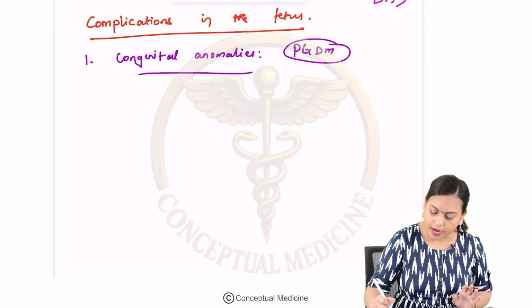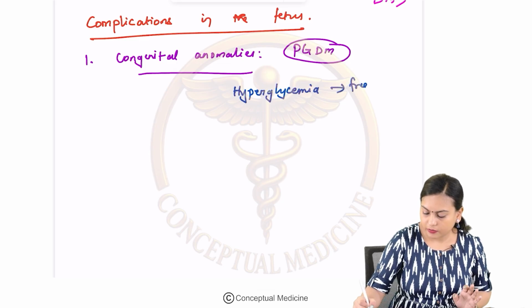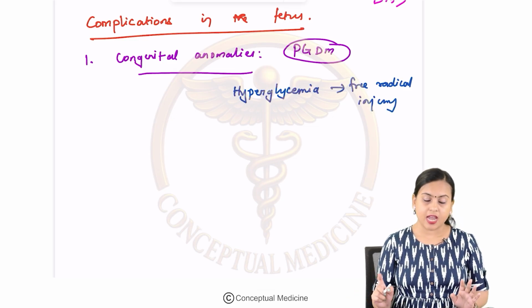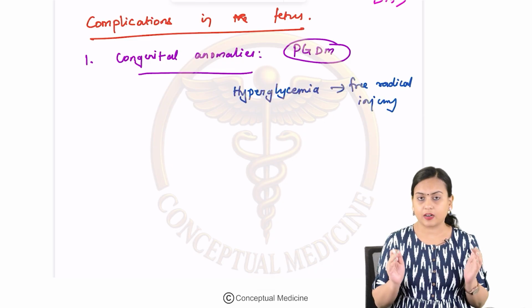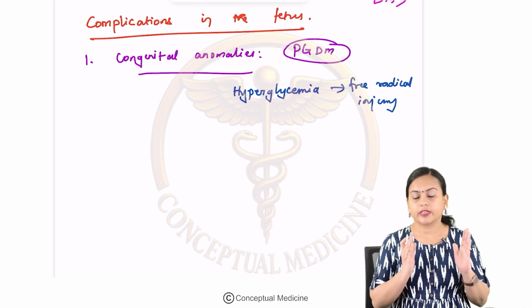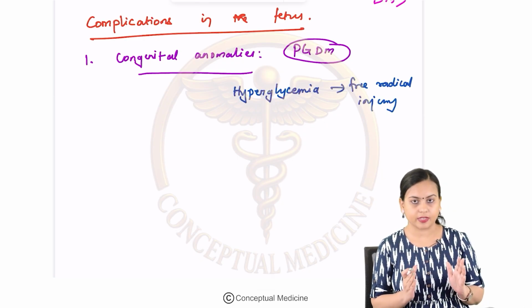Because hyperglycemia is going to cause free radical injury in the developing fetus, so that will lead to congenital anomalies. And we know most of the anomalies are going to happen in the first trimester. So, it is most common in pre-gestational diabetes mellitus, or a chronic diabetes case.